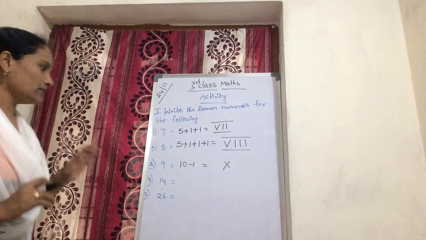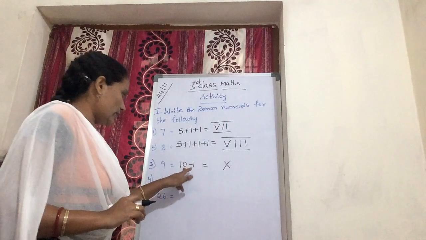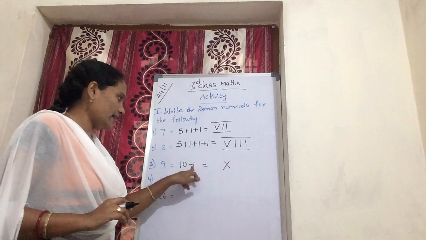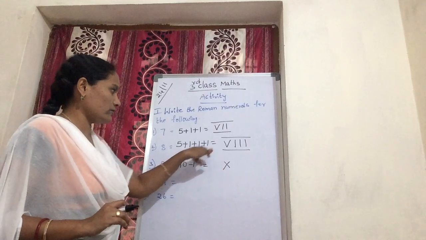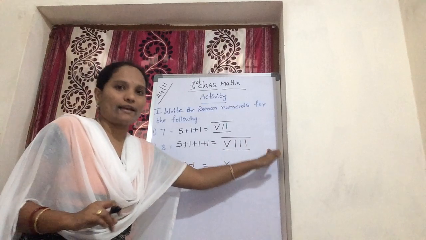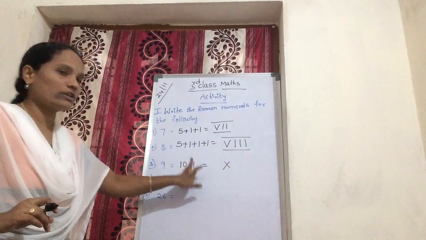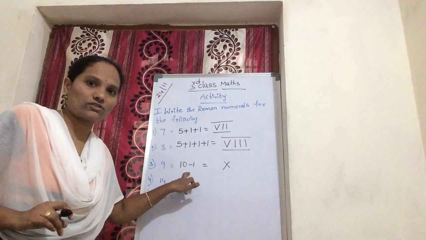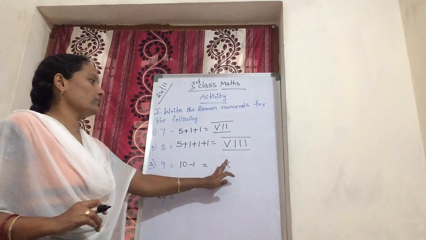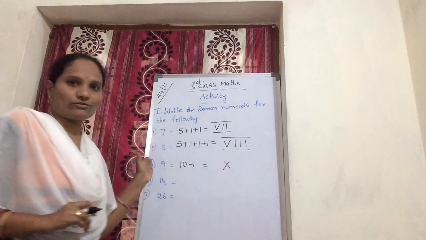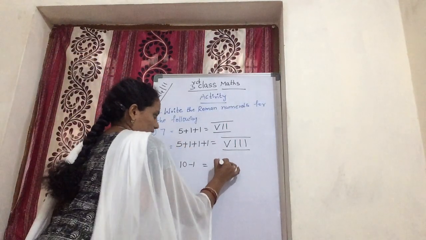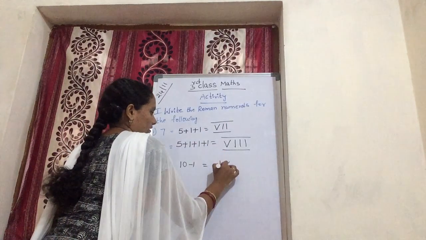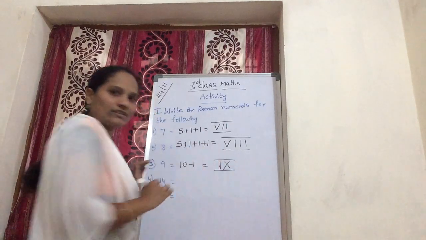Can you understand? 10 minus 1. 10 for X. Here, if we were doing addition, you write after, on the right side. But here we are doing subtraction, so you write before. Okay, so IX.